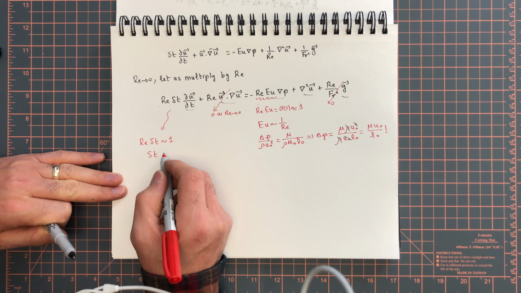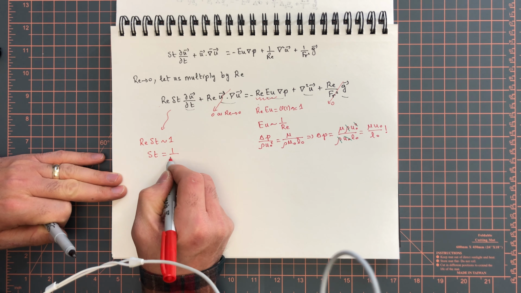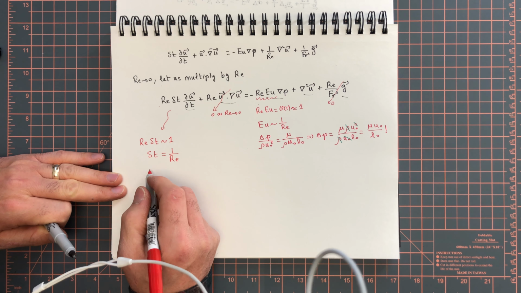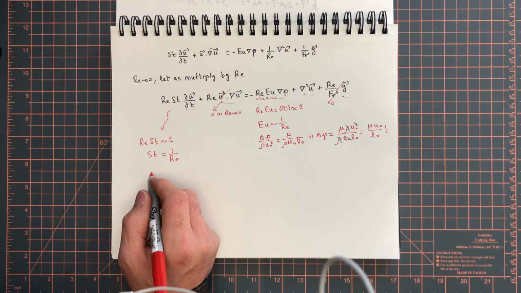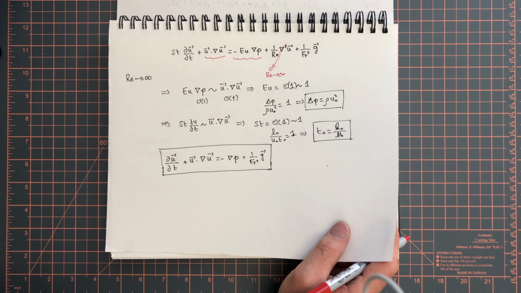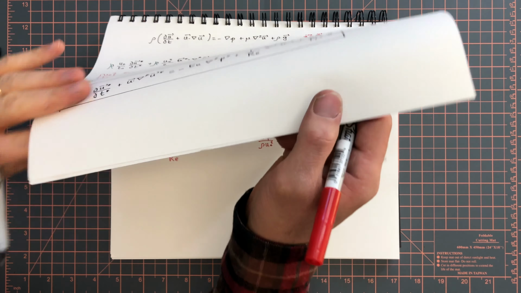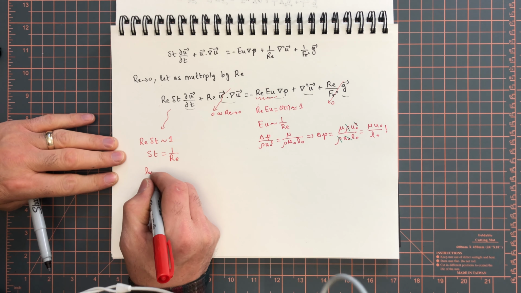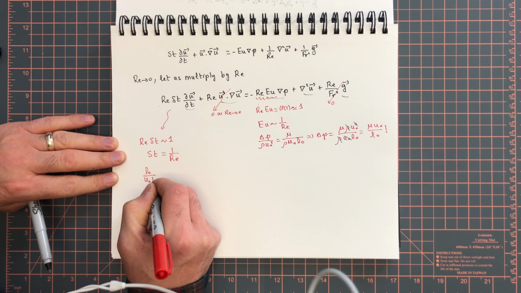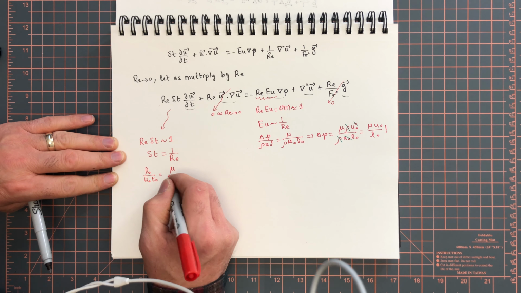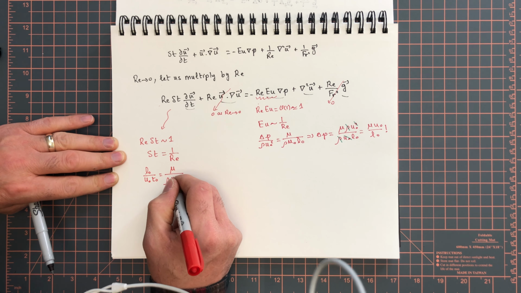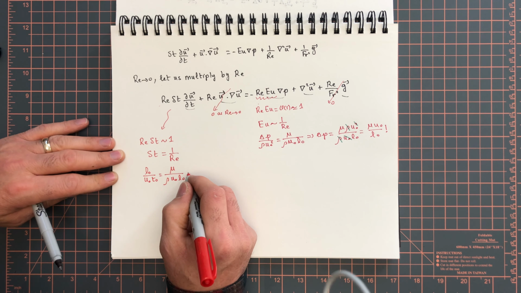which is T0, which makes the Strouhal equal to 1 over the Reynolds number. So remembering the Strouhal number as being L0 over U0 T0, that's L0 over U0 T0 is equal to mu over rho U0 L0.